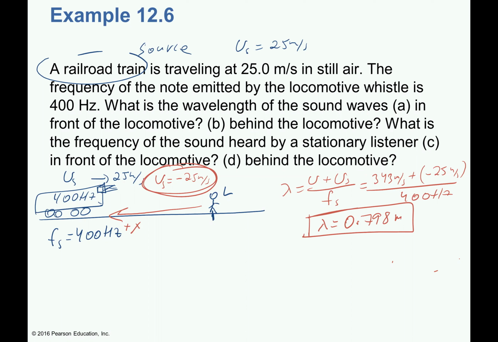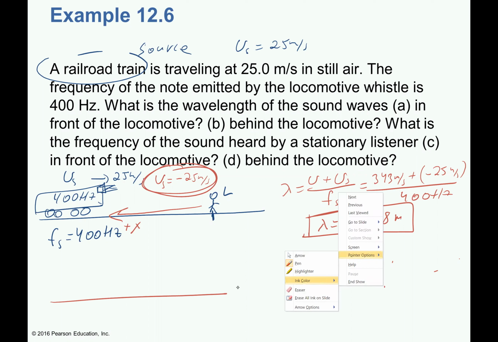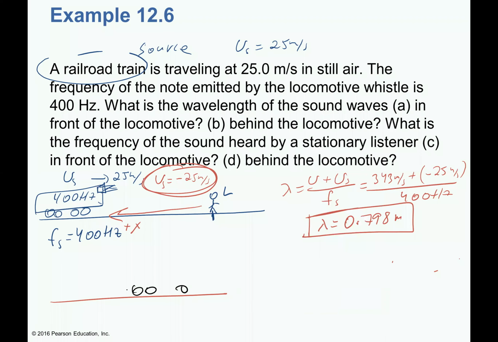How about part B, behind the locomotive? So let's say here's the locomotive, and it is moving in this direction, Vs equals 25 meters per second. Here's my listener. Now I take the direction from listener to the source to be positive, and the source is moving in the same direction, so this time it's positive.